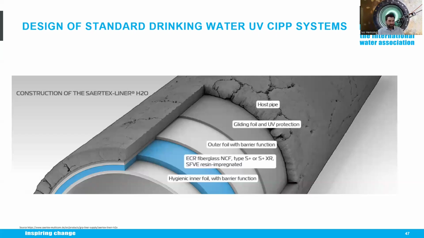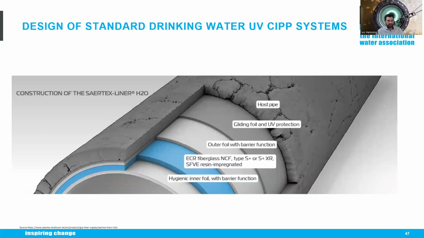Here is a graphic showing the design of the typical UV CIPP liner. This is the Zatex liner. For drinking water applications, I will start from the outside and then move to the inside.